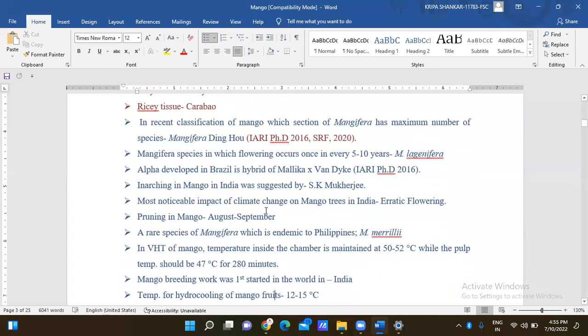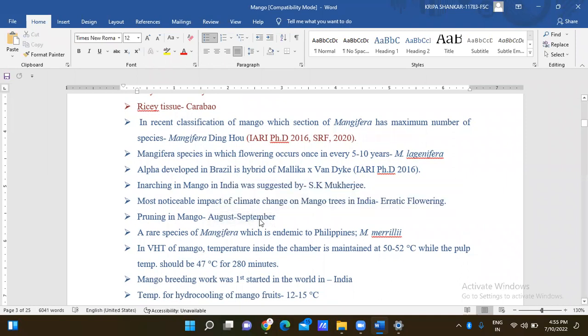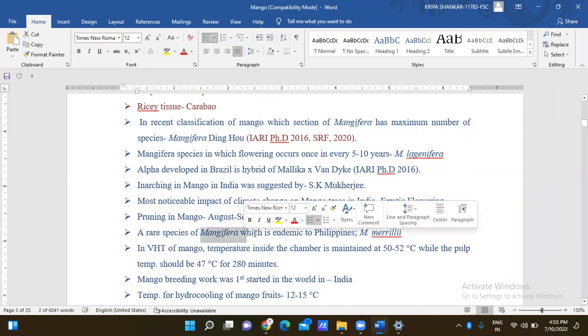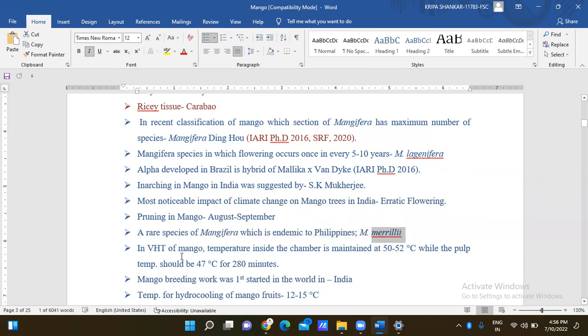Next question is, what is the specific timing of pruning? As you know, in general it is not necessary, but to remove diseased and damaged plant parts and crisscross branches, we could go for it. So August to September is most critical, mostly end of August. A rare species of Mangifera endemic to the Philippines is Merrillii.